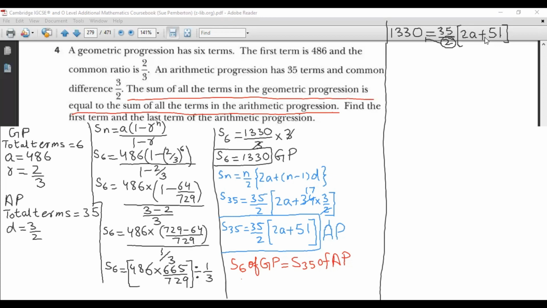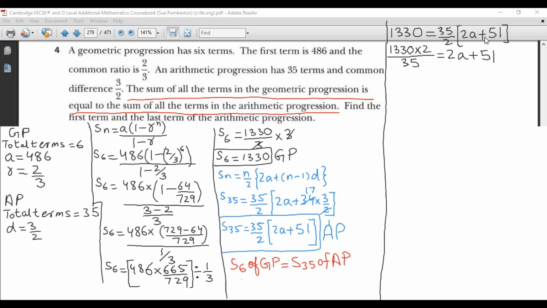So I can get 1330 into 2, and 35 will be written in the denominator, and I will be having 2A plus 51.